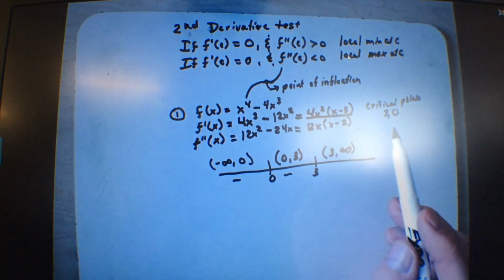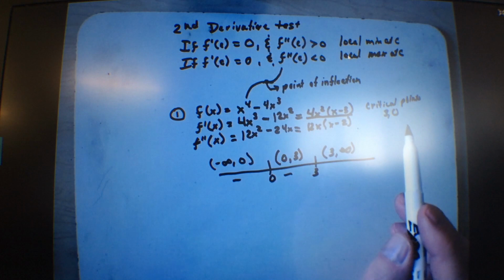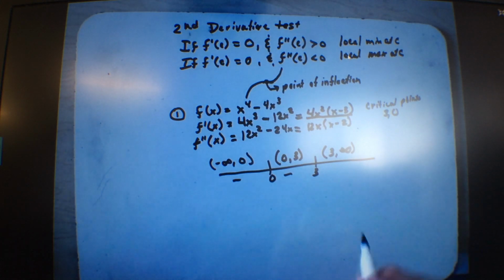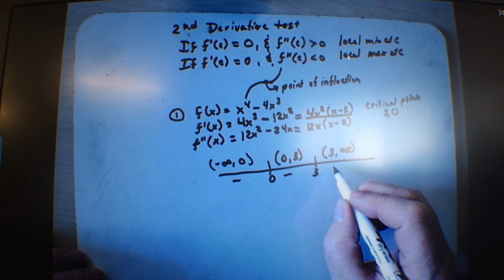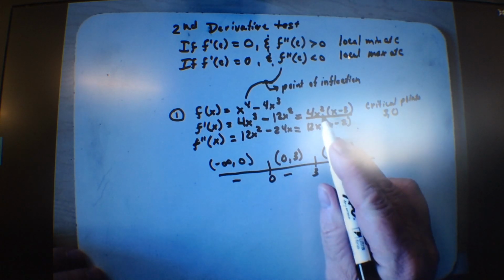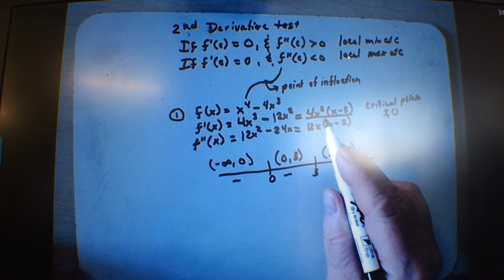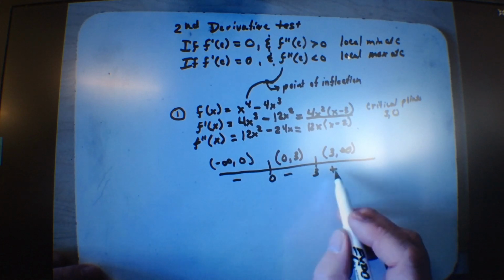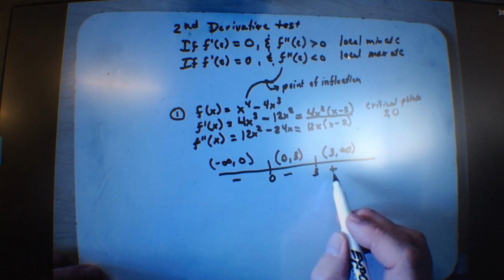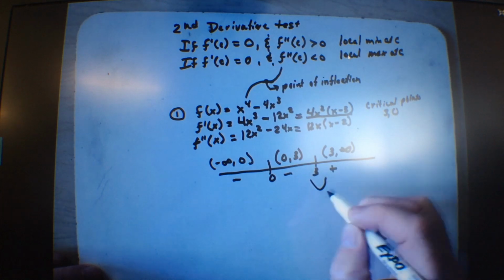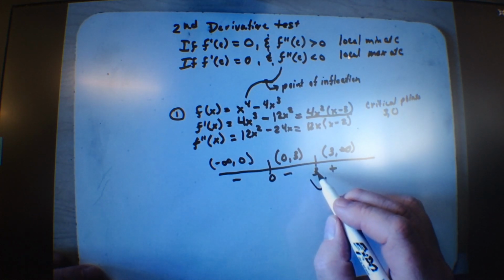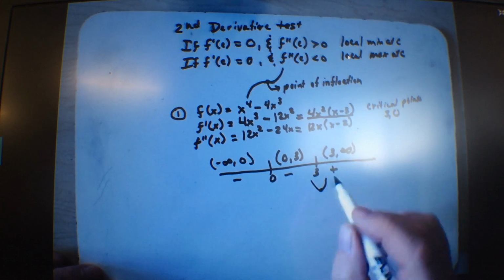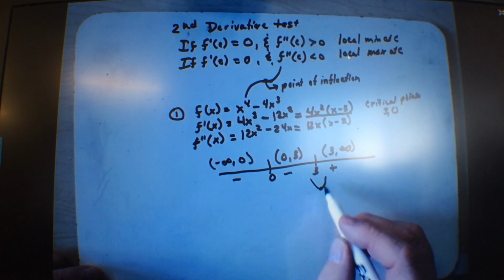Now for the last region I'm going to put in 4, and this is 64. Positive. So from here to here the slopes are negative, and then we're going positive. So they're going down and then up. It's the relative minimum.